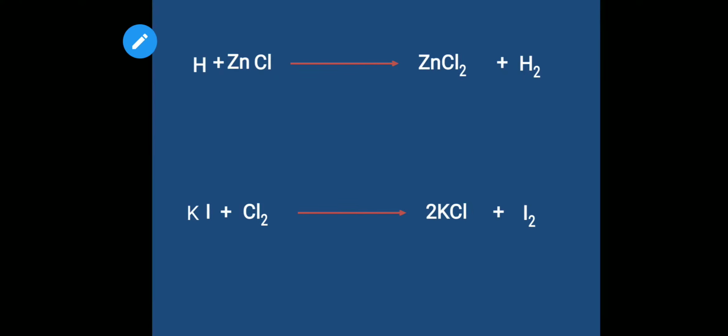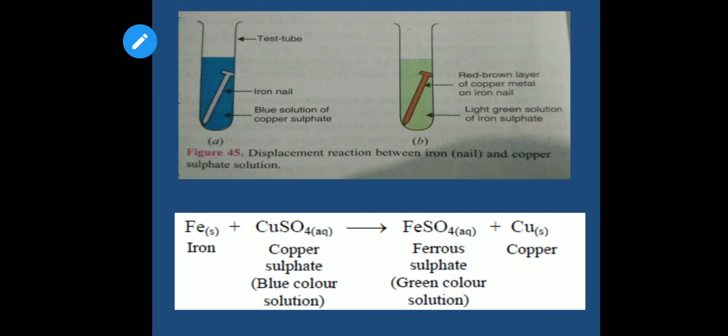Next example, what happens when an iron nail is placed in copper sulfate solution? See the reaction. Iron nail plus copper sulfate will give ferrous sulfate and copper.